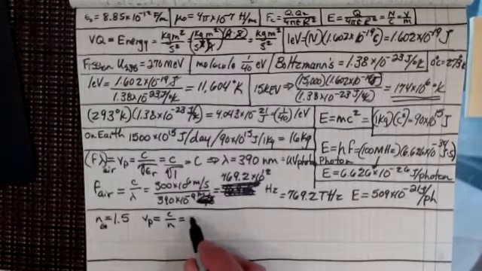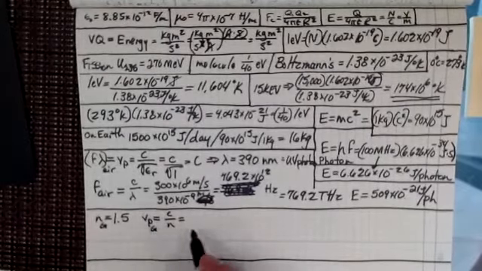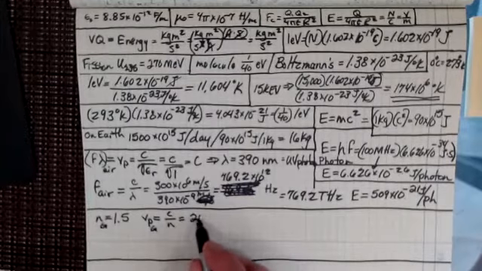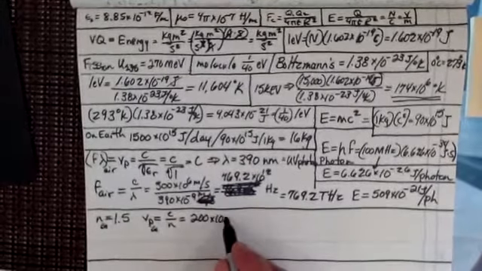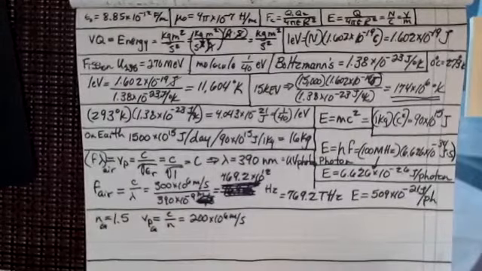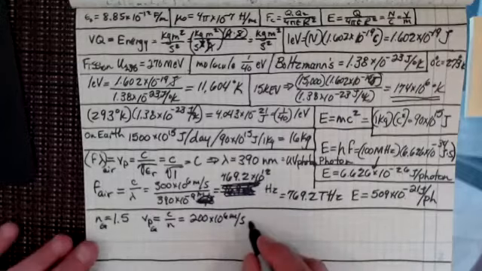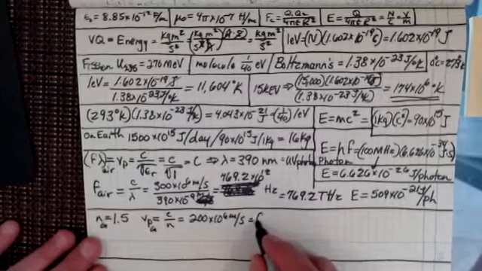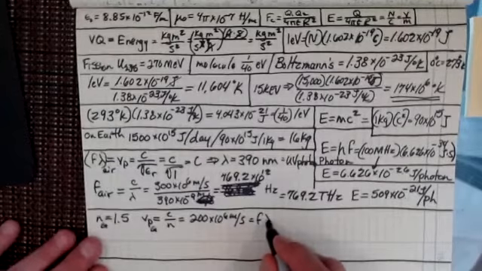So the speed of light in glass is going to be 200 times 10 to the 6 meters per second, isn't it? That's right. And that has to equal frequency times wavelength, doesn't it?